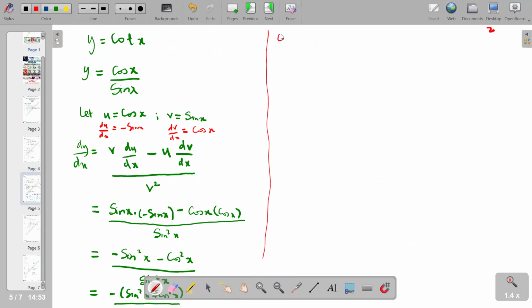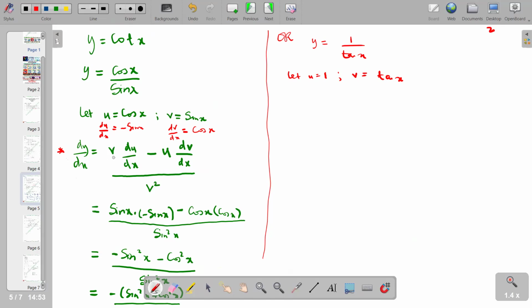It's saying y, but we know this can be written as y equal to 1 over tan x. Then we let our u equal to the numerator, so u equals 1, then v equals tan x. This is the formula for the quotient rule.